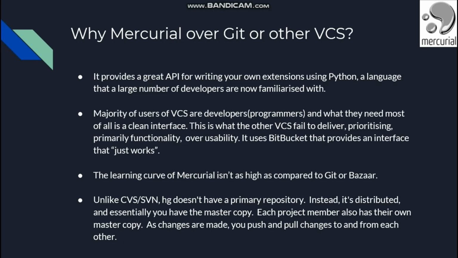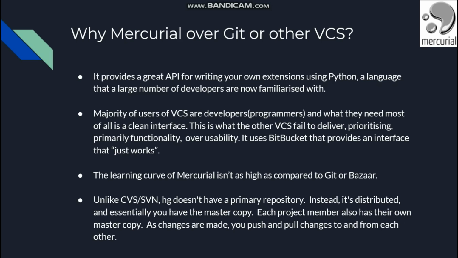Now, why Mercurial over Git or other VCS? It provides a great API for writing your own extensions using Python, a language that a large number of developers are now familiar with. The majority of users of VCS are developers, that is programmers, and what they need most of all is a clean interface.